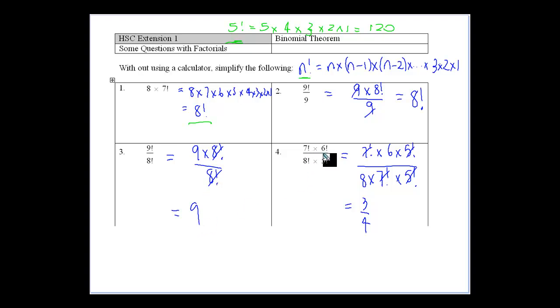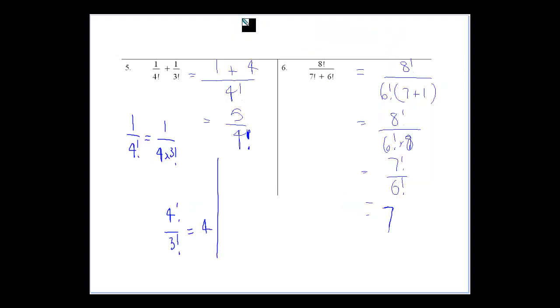Next, 7 factorial times 6 factorial over 8 factorial times 5 factorial. Again we can manipulate this any way we like: 6 factorial is 6 times 5 factorial, and 8 factorial is 8 times 7 factorial, so the 7 factorials cancel, the 5 factorials cancel, and you get 6 on 8, or 3/4. So it's just that manipulation of all those numbers.